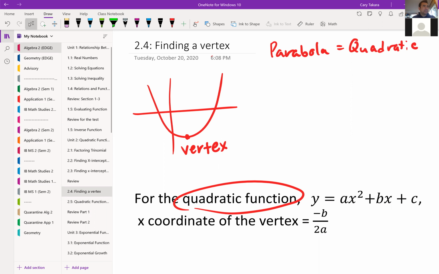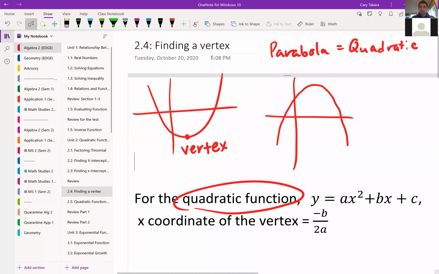And I need you guys to be able to find the vertex for each parabola. Now, let me remind you, a parabola could also be an upside down U shape. It's like a mountain shape. In that case, the vertex is on the very top.